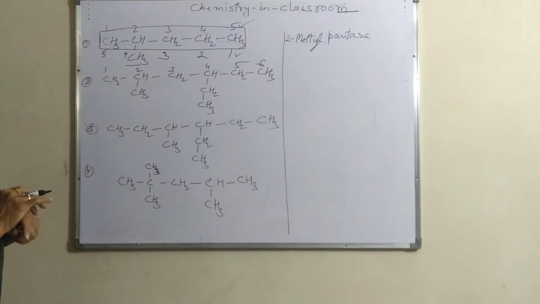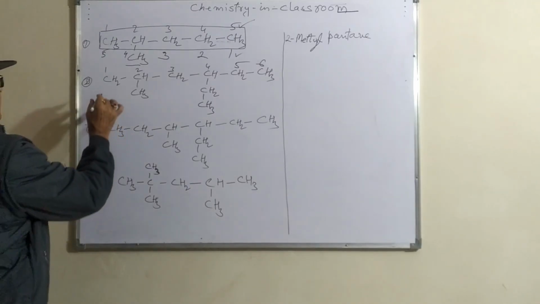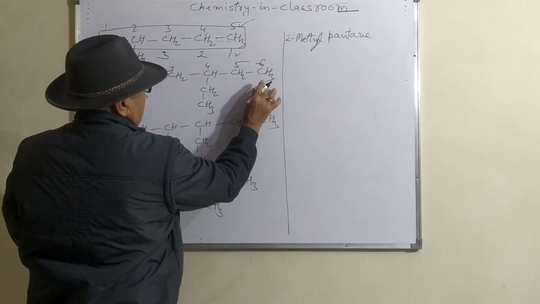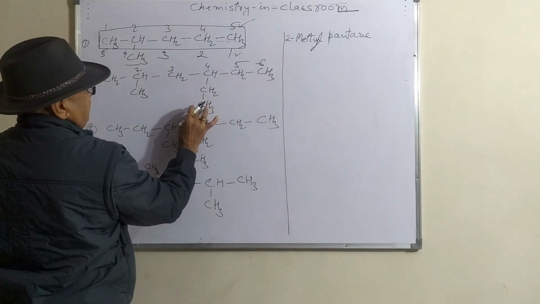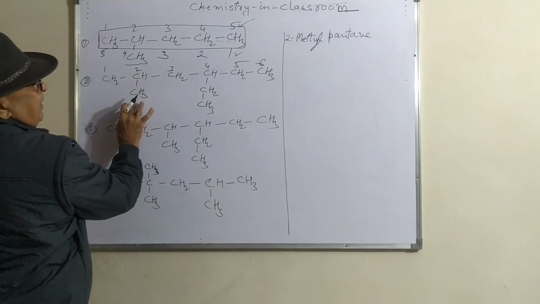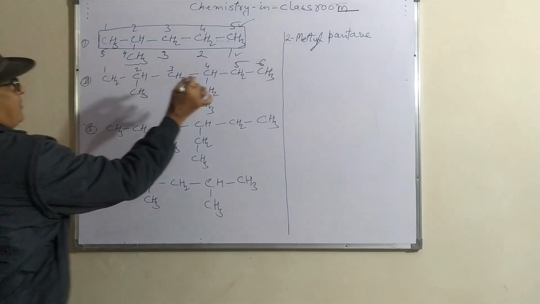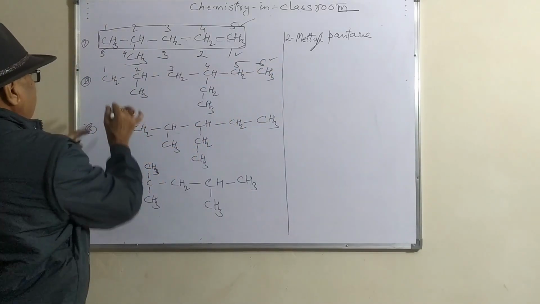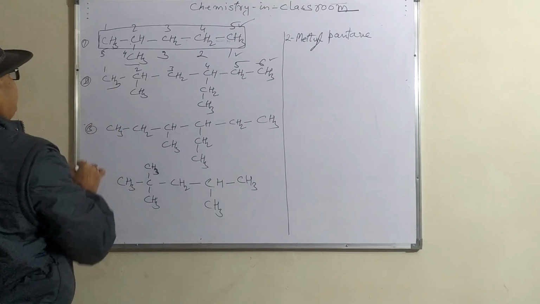Now you have to start giving the numbering. From this end, this group will be given number 3, and this will be given number 5. So this numbering will be right.